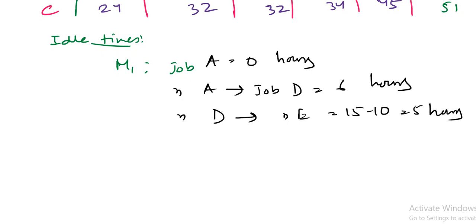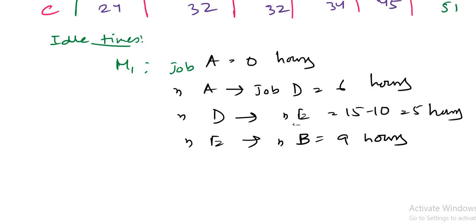Job E to B, 24 minus 15, that is 9 hours.